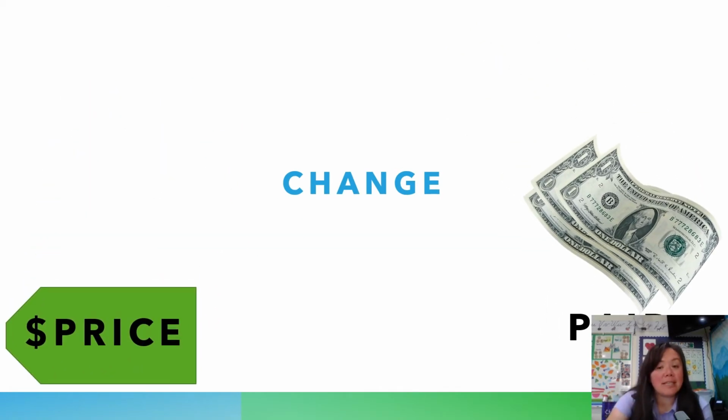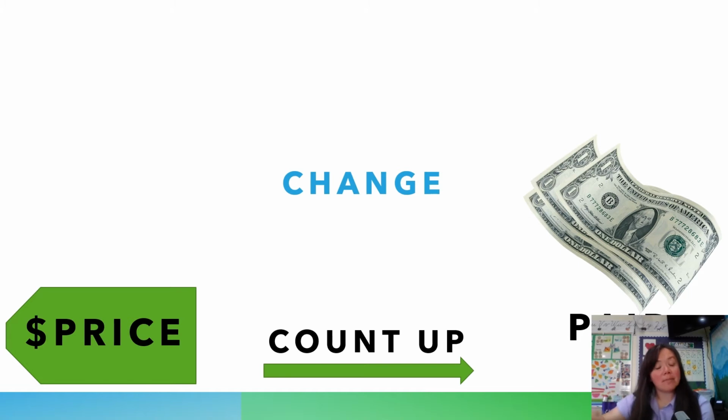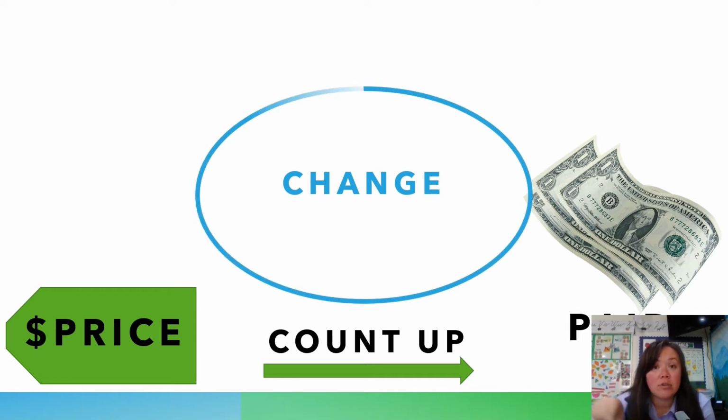You are going to count up until you get to the dollar amount that you paid. If you keep track of the coins that you use to count up, those coins in the middle, that's your change.